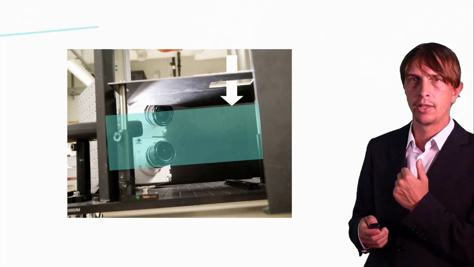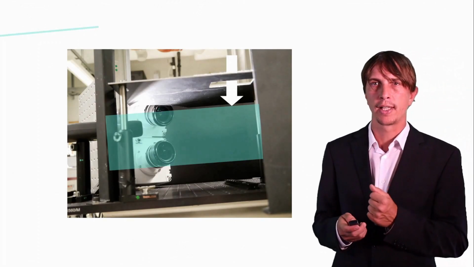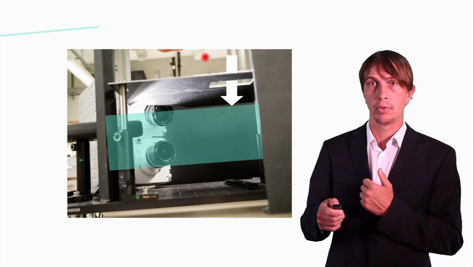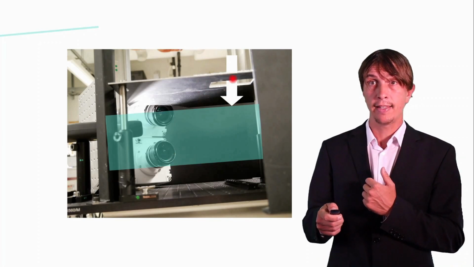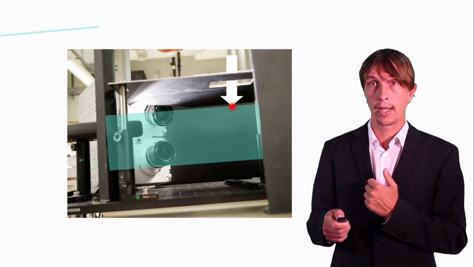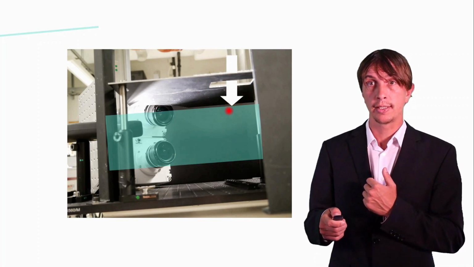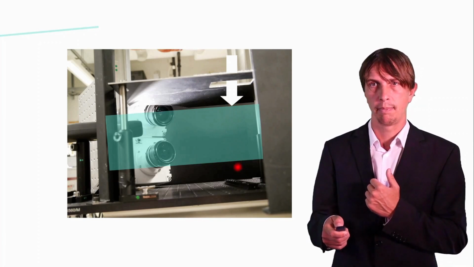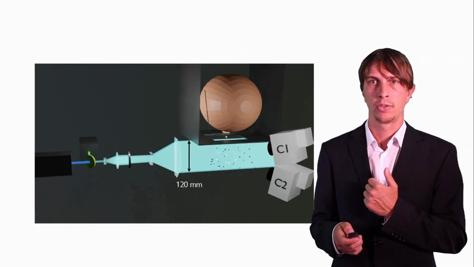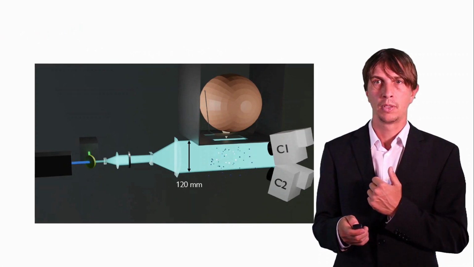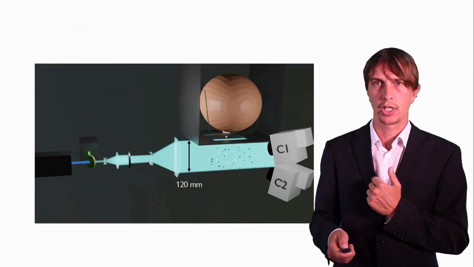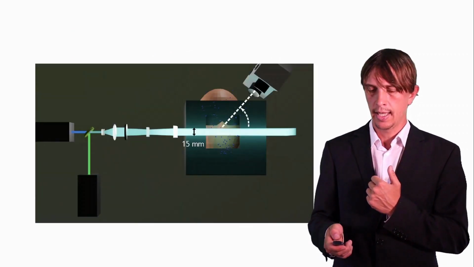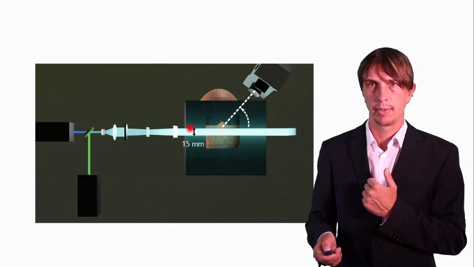Now there is another advantage of the setup, where we can speak and cough from the top. And the advantage of this configuration is that we are crossing a much longer distance than 15 millimeter. We're crossing here 120 millimeter. We can see here the configuration without changing anything on the setup. And the width is 15 millimeter.